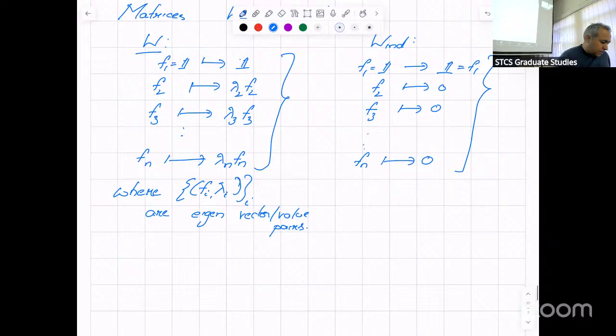So because of writing it this way, I can write, hence, and this is one of the most crucial steps of the book.